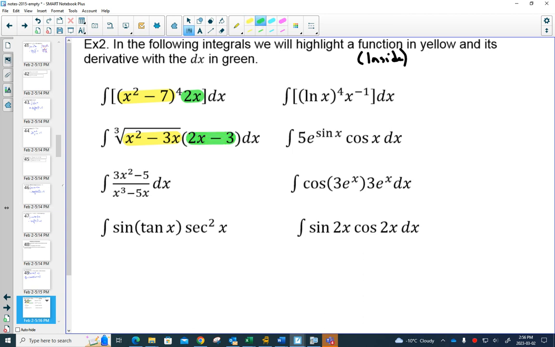And there's its derivative. Number 3. That is technically, you could think of it as inside an x to the minus 1.